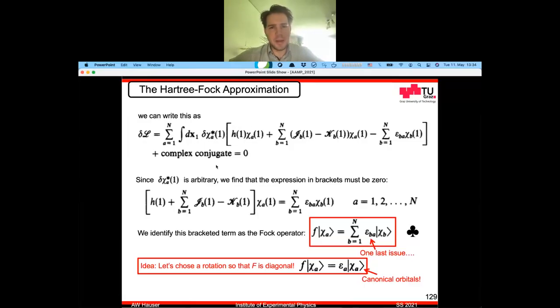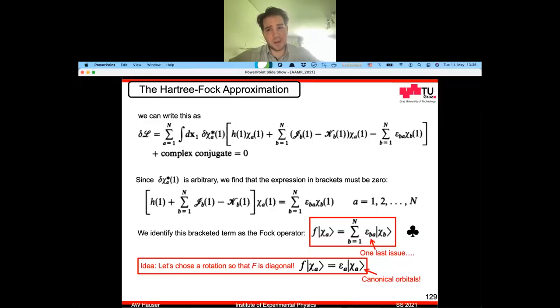Plus complex conjugate, but now I'm done, because I would like this to be a stationary point, since I'd like to find the minimum. So this has to be 0, and this expression, since it's this and its complex conjugate, is only 0 if the term in the brackets vanishes, because only then it is guaranteed to be 0 for any type of variation which I choose for my chi A here, right?